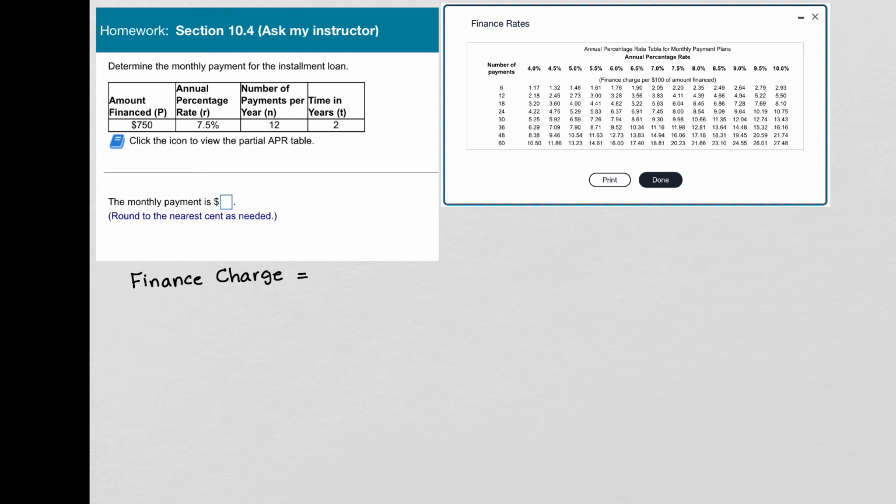So our formula for the finance charge is the amount financed divided by 100, and then we multiply by the value from the APR table.